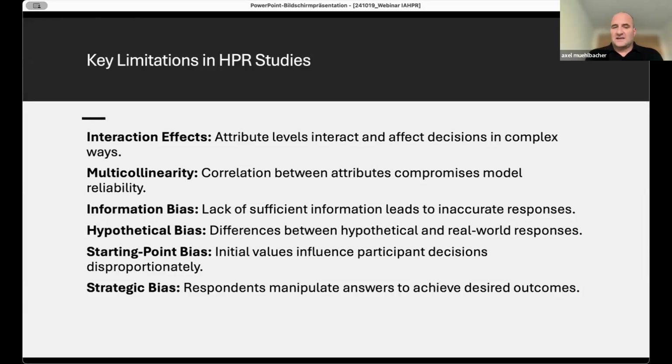And also there's something like strategic bias when being asked to make a judgment or communicate preference. Respondents might be strategic about their responses and overemphasize certain aspects which are crucial or important to them.